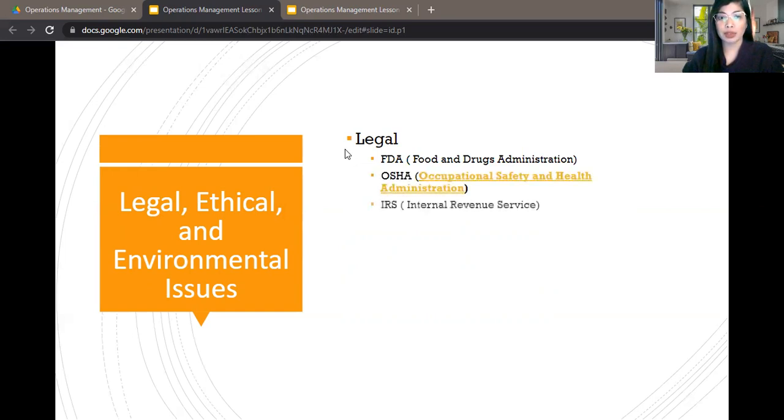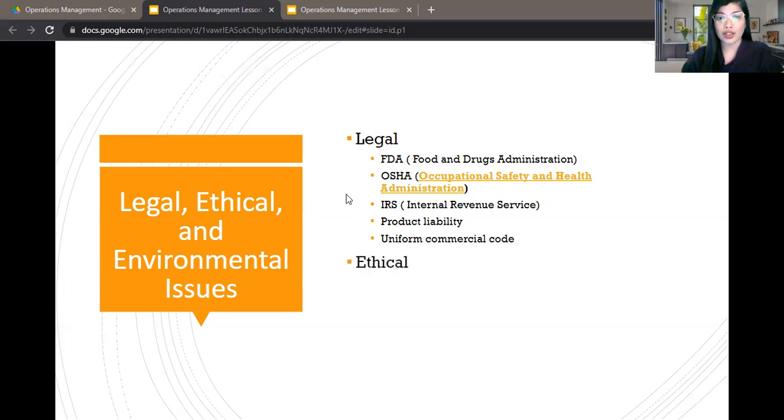Moreover, if there is a potential to harm the environment, then those issues also become important. Most organizations are subject to numerous government agencies that regulate them. Among the more familiar agencies are the FDA, or the Food and Drug Administration, the Occupational Safety and Health Administration, or OSHA, the Environmental Protection Agency, and various state and local agencies.